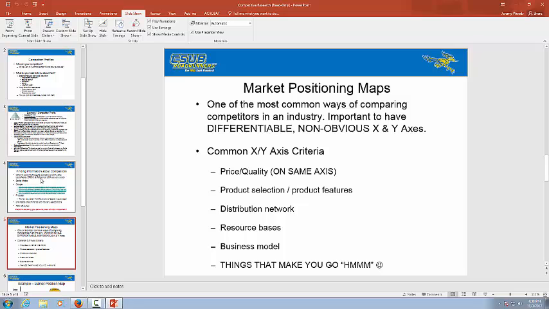Real simple concept: a y-axis and an x-axis. And we need two criteria that are going to allow us to differentiate between companies. So let's choose maybe the dates.